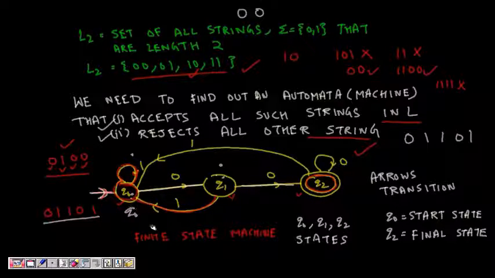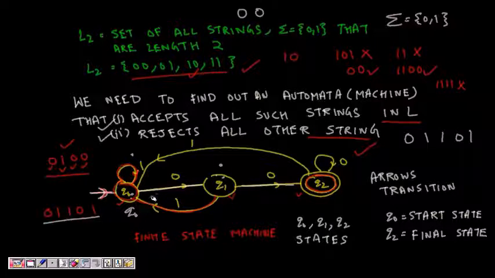So it consists of states. First thing, it has some states Q0, Q1, Q2. Then we have some transitions. At each state we have the input symbol. So we have an alphabet, which was 0 1.